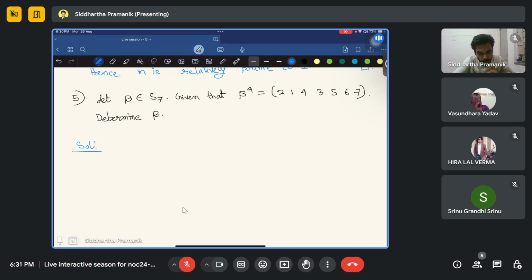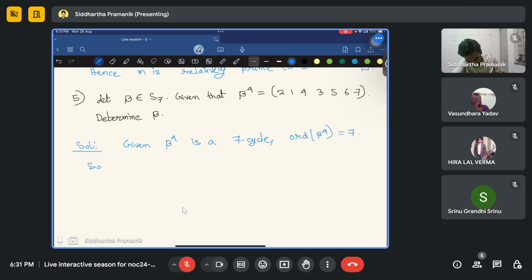Okay, so I hope you have understood the question. So let's first try to determine the order of beta. So given beta power 4 is a 7-cycle, that means the order of beta power 4 is 7.